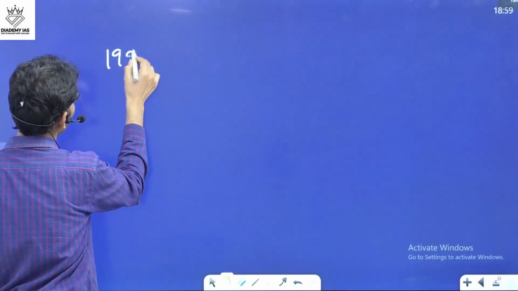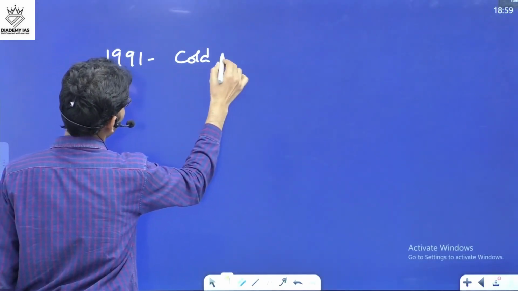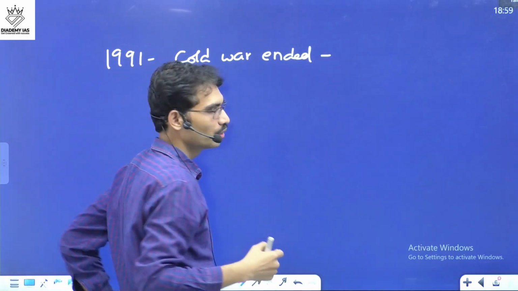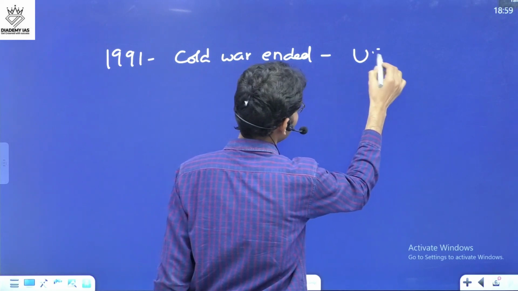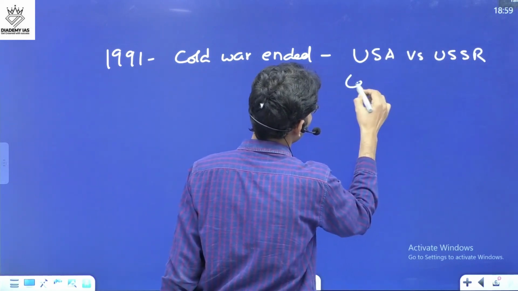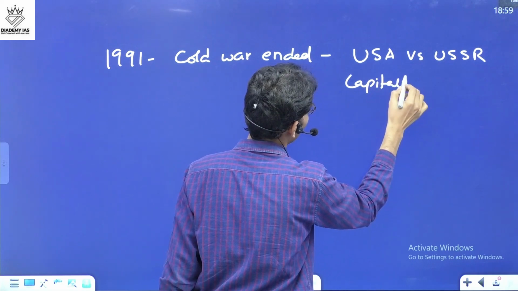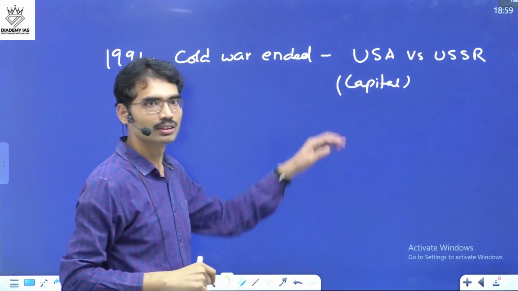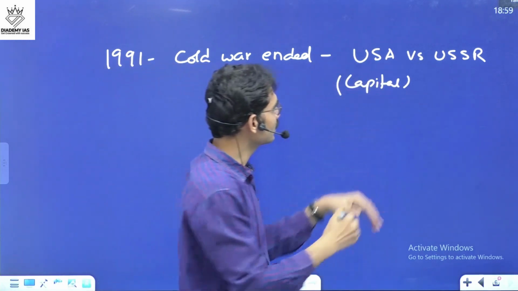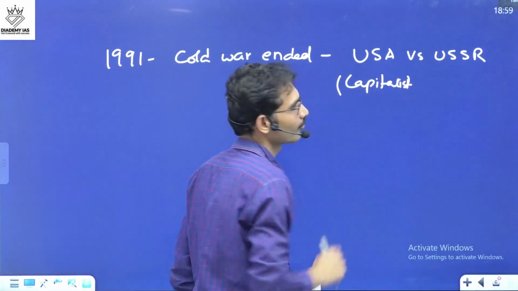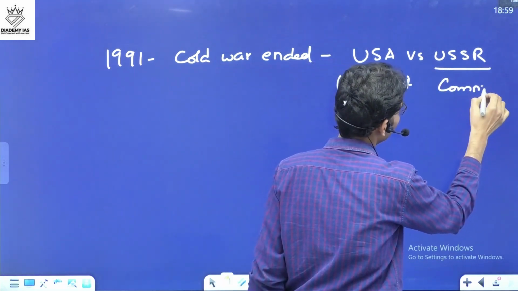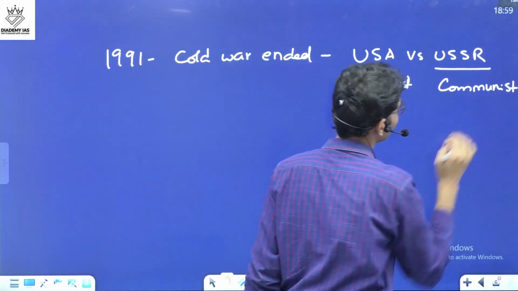After 1991, when the Cold War ended. During the Cold War, USA versus USSR. USA was leading the capitalist bloc, and USSR was leading the communist bloc.